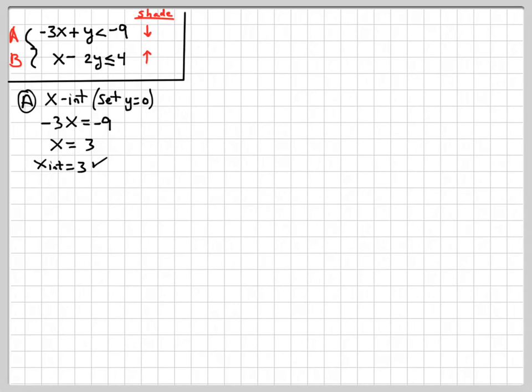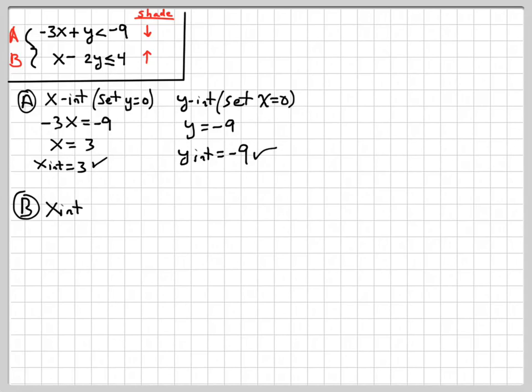And I solve for x, and I get that x is equal to 3. Now, I'm going to get the y-intercept for inequality A. I set x equal to 0, and the negative 3x disappears, and I just get y is equal to negative 9, or the y-intercept is negative 9. So inequality A is done at this point.